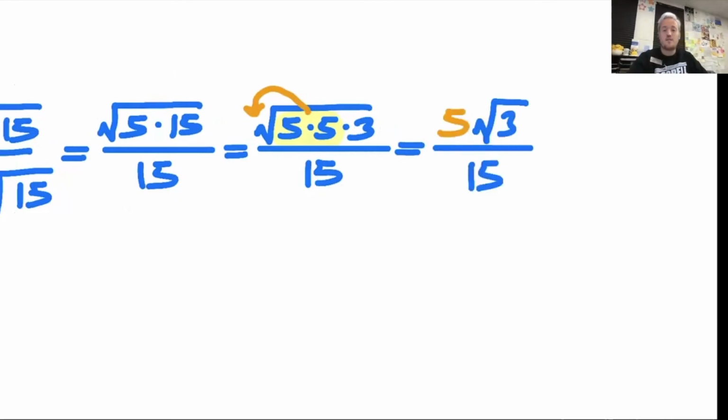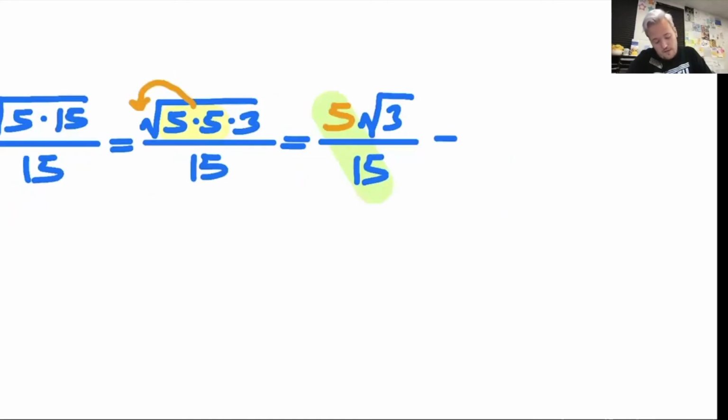Now that we've simplified it and put it in simplest radical form, we want to see if we can simplify the fraction. Unfortunately, we're not done. If you look here, 5 over 15 can simplify even more. 5 over 15 simplifies to 1/3. So we're going to have 1 square root of 3 all over 3.